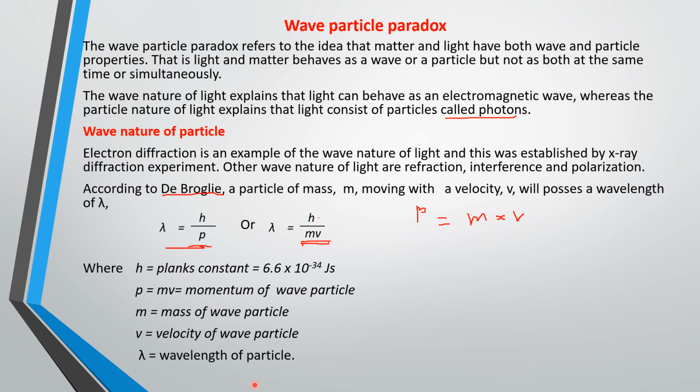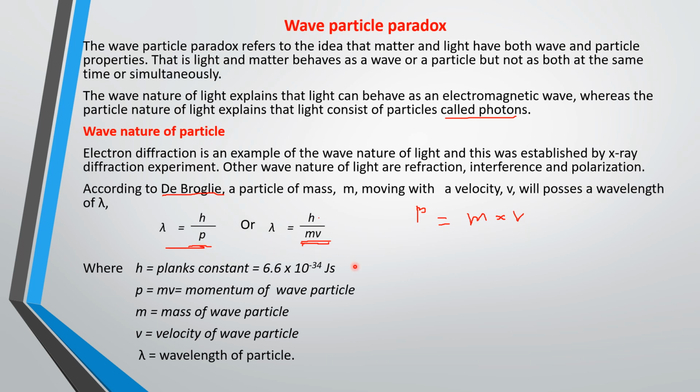So de Broglie was able to prove that a particle that has a mass m and is moving at a velocity v will possess a wavelength of the Planck constant over the momentum. A particle that is moving will definitely have a momentum, and momentum is equal to mass times velocity.